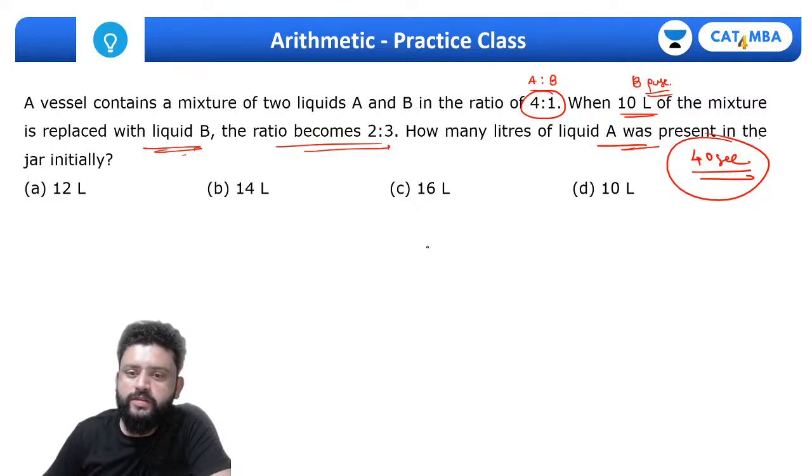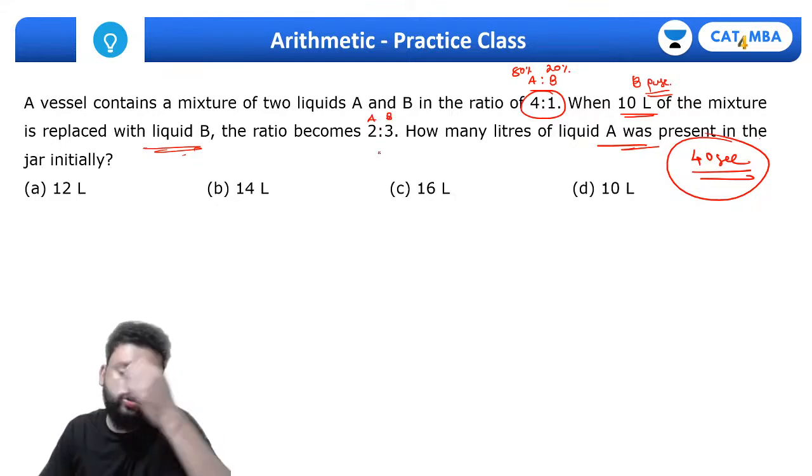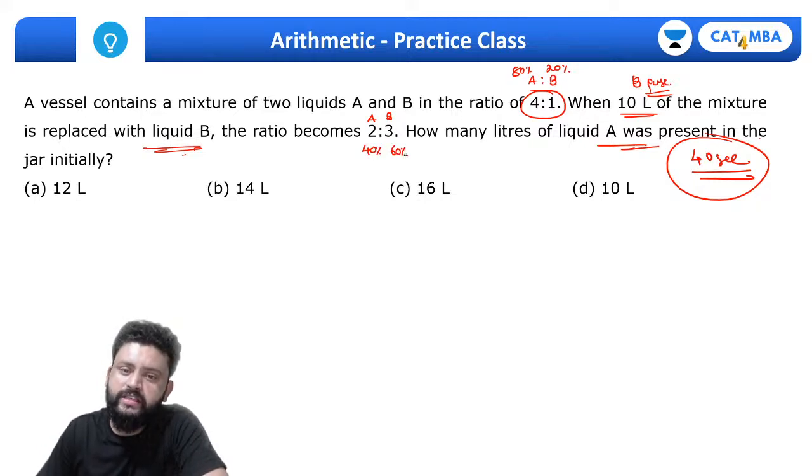Okay, so first में concentration of B है 1/5, और even I can say मैं percentage में बोलूँ तो ज़्यादा easy पड़ेगा हमें यहाँ पे. This is 80%, this is 20%, and now the ratio becomes A is to B is 2:3. Easily तुम ratio बता सकते हो. 2/5 is 40% and B हो गया 60%.